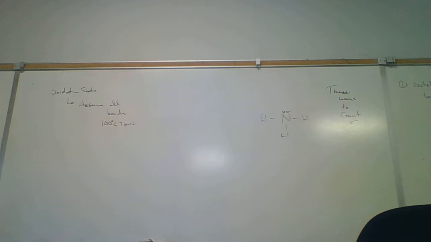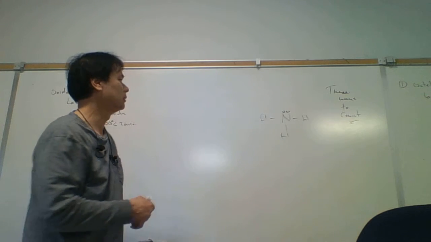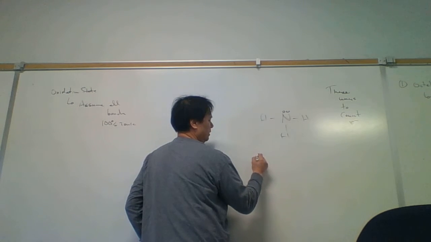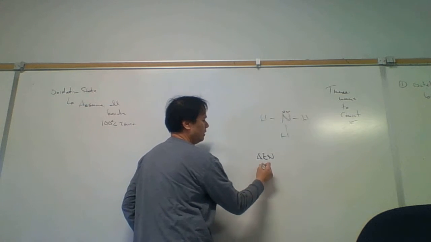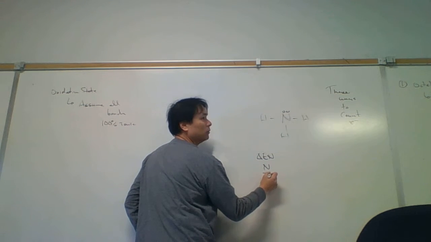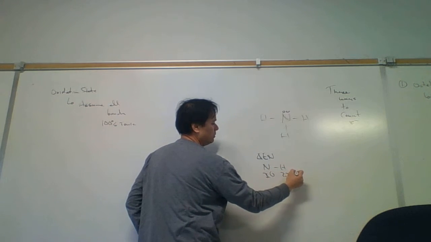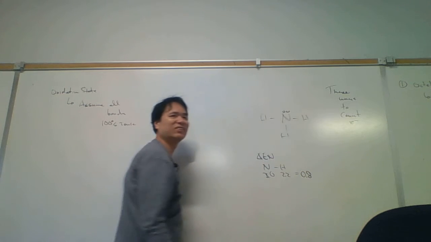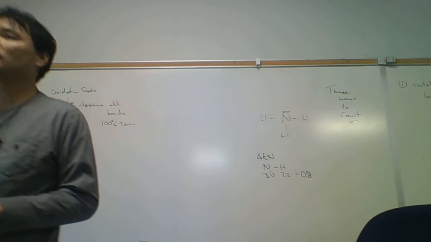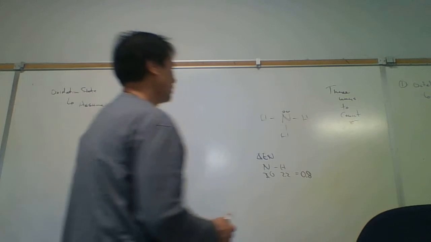We call the difference delta EN. Delta EN is the difference in electronegativity. Nitrogen, 3.0 minus hydrogen, which is 2.2, gives us a delta EN of 0.8. Approximately what type of bond is that? We would call it a polar covalent bond.